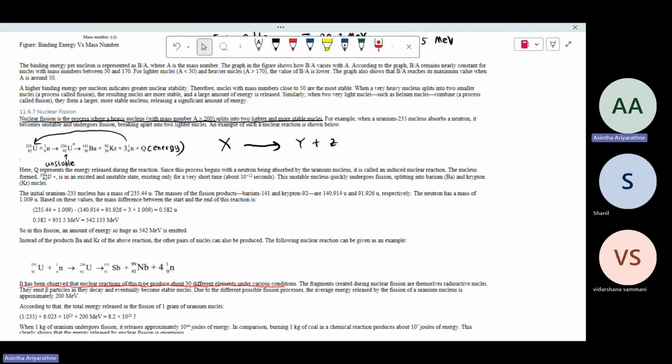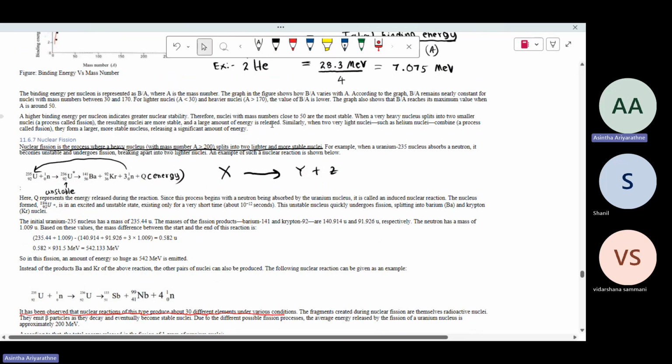So now we have three neutrons. If there are three other uranium-235 atoms, these three neutrons could be directed onto these three uranium atoms, and this nuclear reaction would happen continuously.